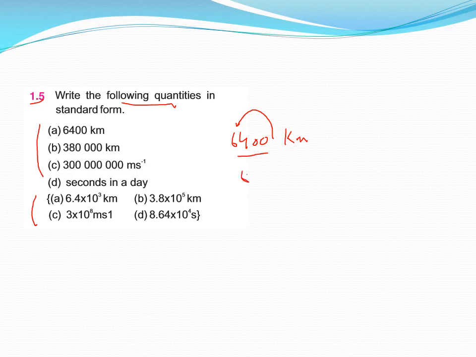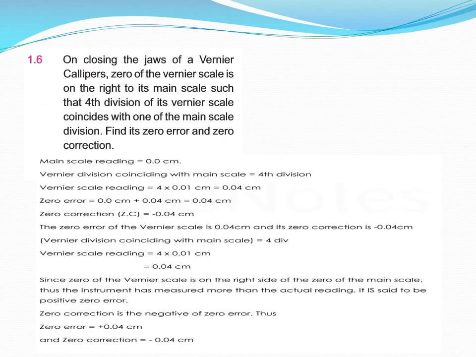So it can be written as 6.4 times 10 to the power plus 3. So this is how to convert any notation into scientific notation. You can do B, C and D yourself.